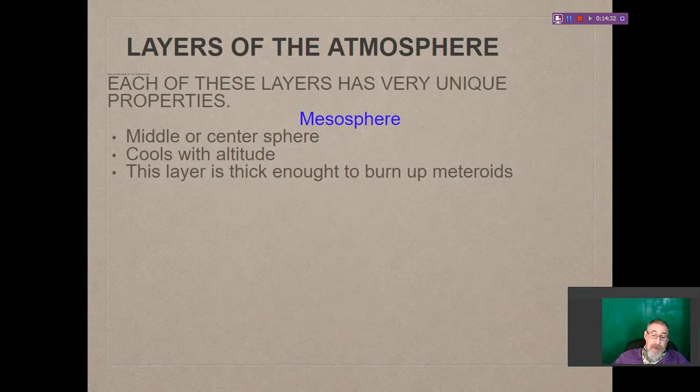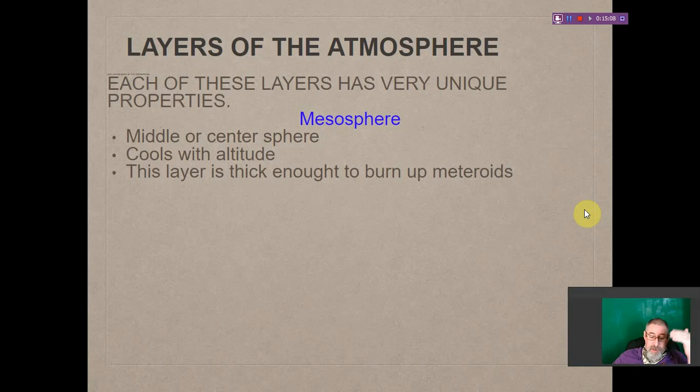It gets down into the low negatives on this layer. So that's part of why it's a drastic change from the heated thermosphere. You go through the ionosphere and then it gets cold. The air is much denser than what it was before, still very thin, but it's thick enough that it can burn up the meteoroids.